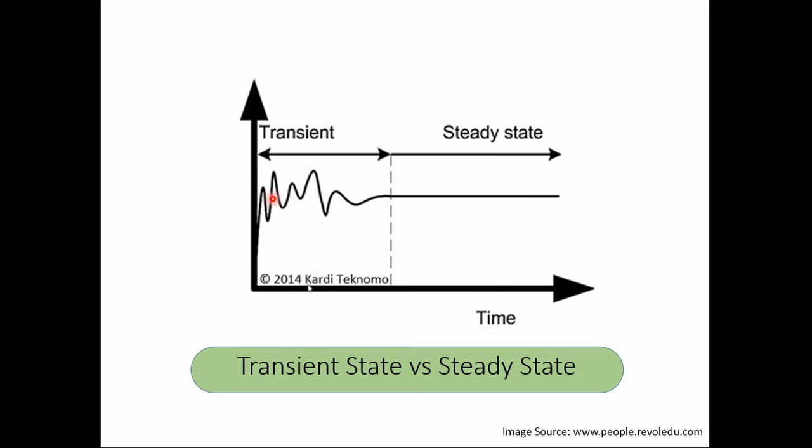You can see in this transient part, properties are changing with time. In this case, it is fluctuating. In certain cases, it is steadily growing or steadily declining. In the steady state period, properties do not change with time. That is the definition of steady state.